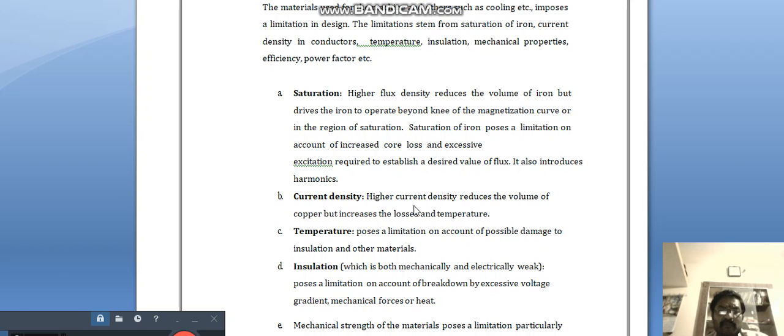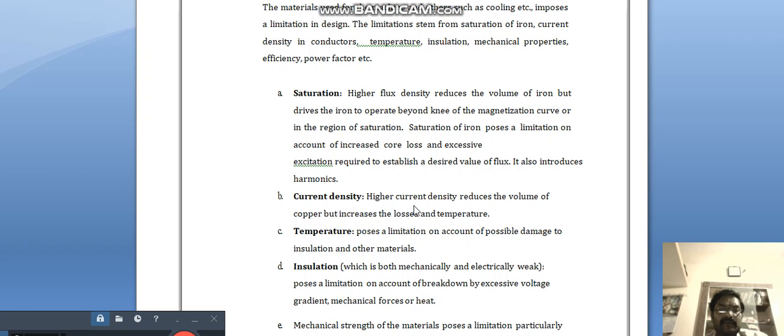We need more space, and the temperature which is generated should be dissipated immediately from the motor, generator or transformer. If it is not dissipated, the temperature value will increase and it will cause damage. So it imposes a limitation on account of possible damage to insulation and other materials like the windings.